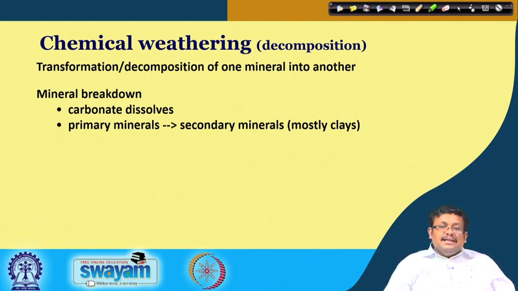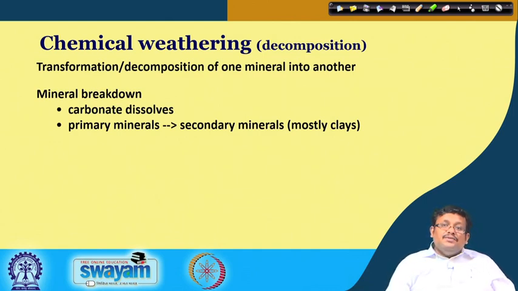So, sand and silt are chemically inert in nature, whereas clay is chemically reactive because of the presence of these secondary clay minerals. We will talk in detail about the secondary clay minerals, their structure and their physical and chemical properties in the coming lectures.